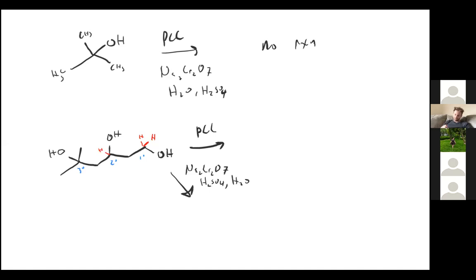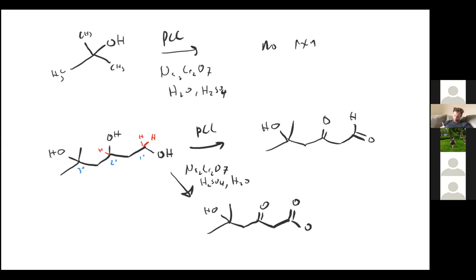With PCC, you'll do a single oxidation. Again, there's nothing to do on the tertiary center. With our chromic acid, you're going to fully oxidize, as much as you can. So the primary one will oxidize twice. The secondary one will still only be able to oxidize once. And then the tertiary one will not be able to oxidize at all.